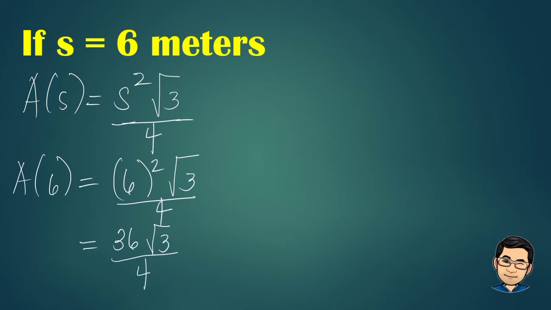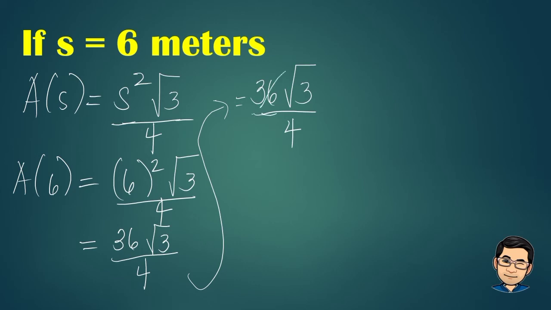Now, we can cancel out 36 and 4. So, rewrite lang natin ulit. So, we can cancel out 36 and 4 simply because they have common factors which is 4. So, 36 divided by 4, that will become 9. And then, 4 will become 1. So, our final answer, A of 6 is equal to 9 square root of 3 square meters.